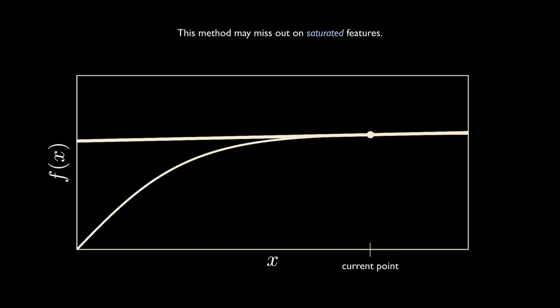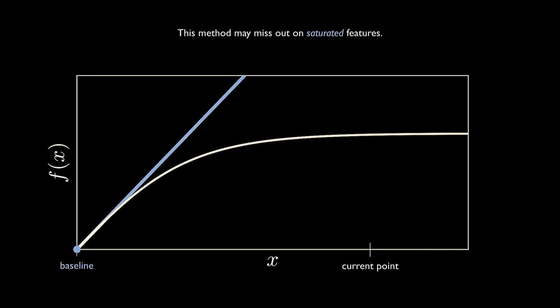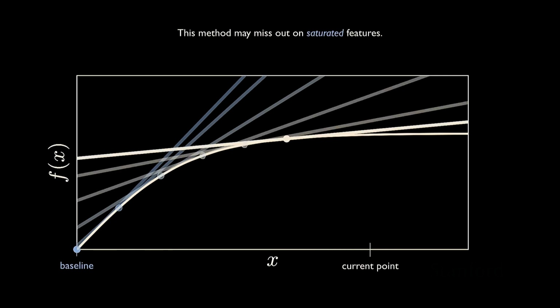So what some people do instead is start at some baseline point. Maybe we start at 0, and take the gradient there. Now we've got a much bigger gradient. Then we make our way, continually taking gradients up to the current point that we're at.